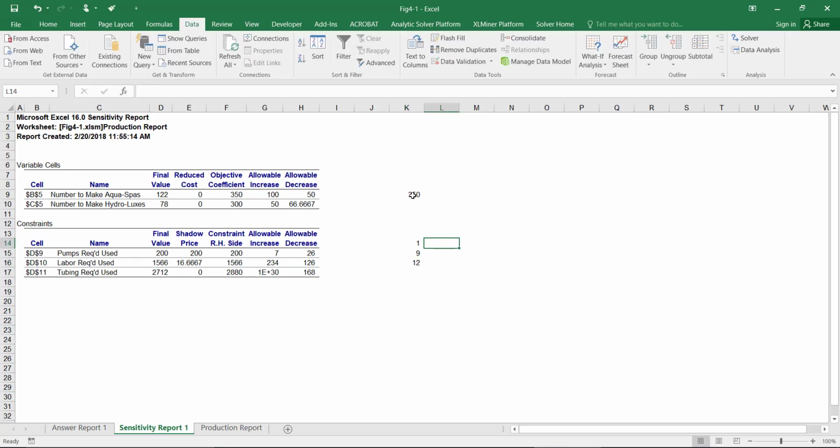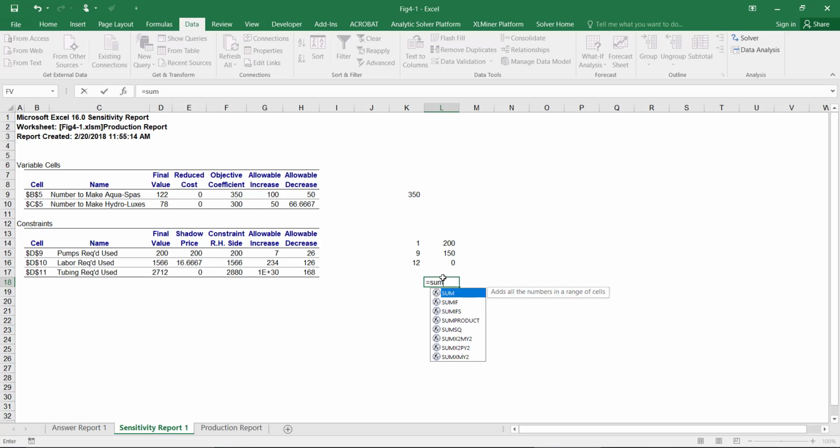So if we multiply each of these values by the shadow price, we are going to get these values. So if we add up all of these numbers, we get this value, 350.